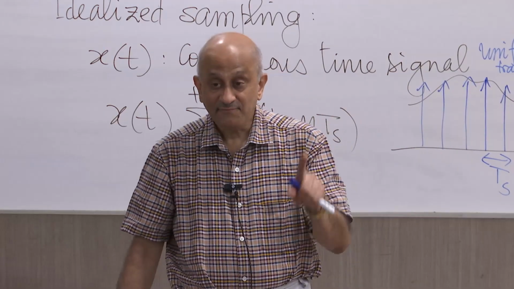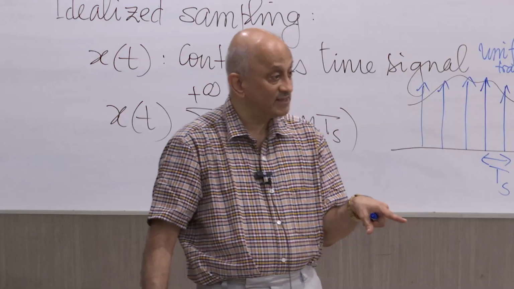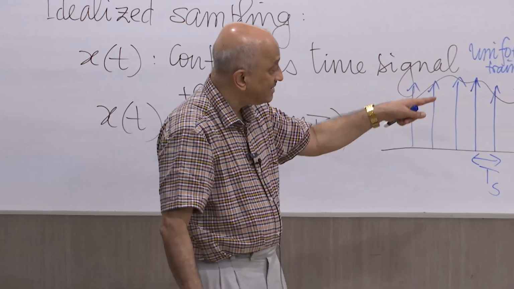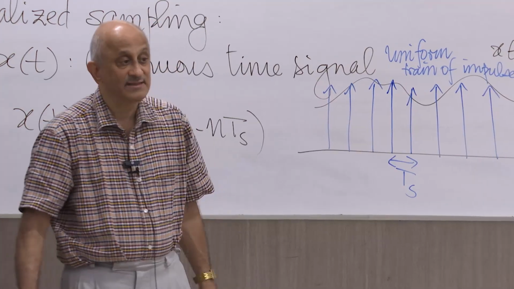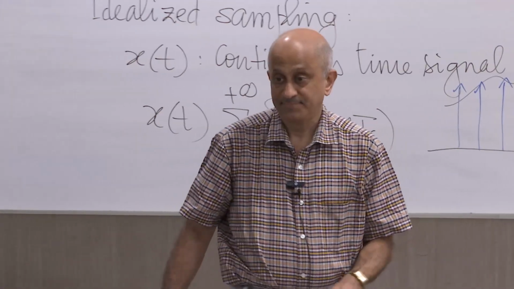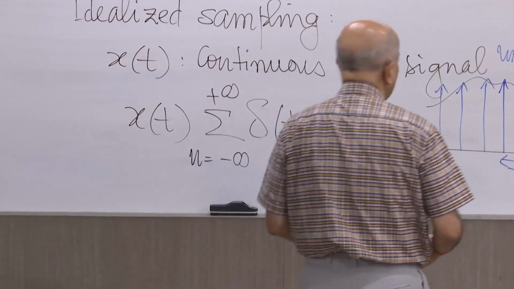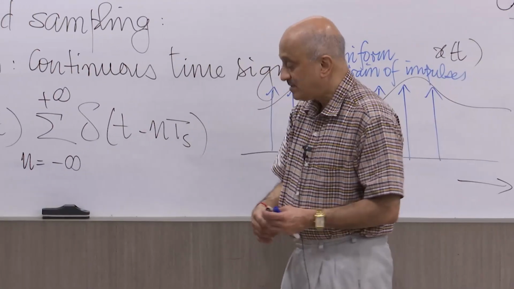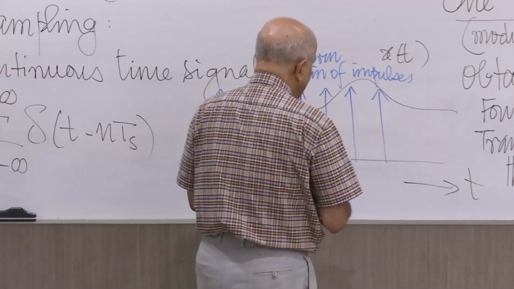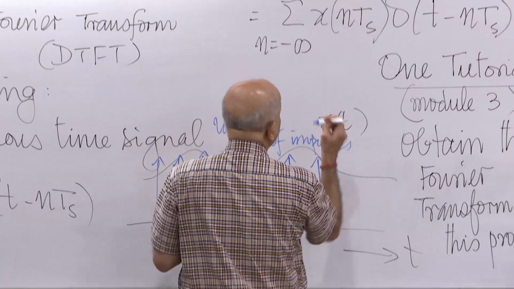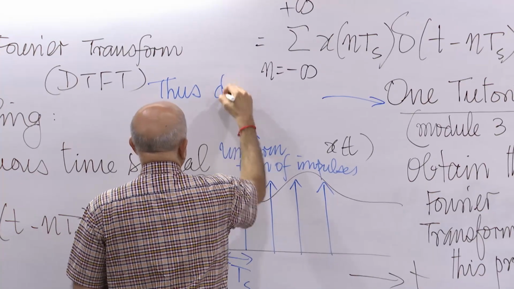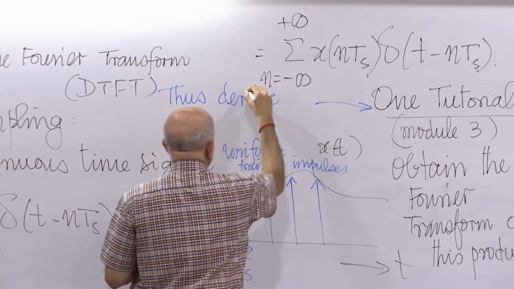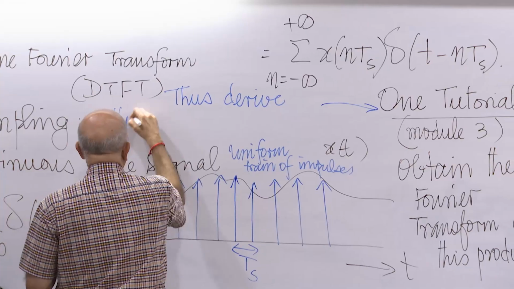Namely, you have x of t, you know the spectrum of x of t, and you're required to find the spectrum of this product, the product x(t) multiplied by this uniform train of impulses. Okay? And then, the next part of the tutorial is to derive the Nyquist sampling theorem formally.